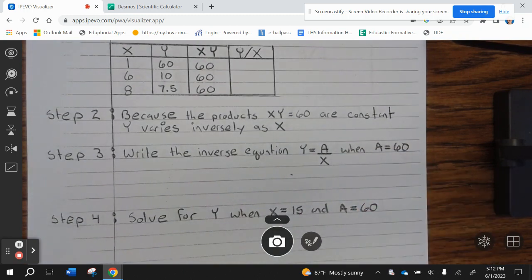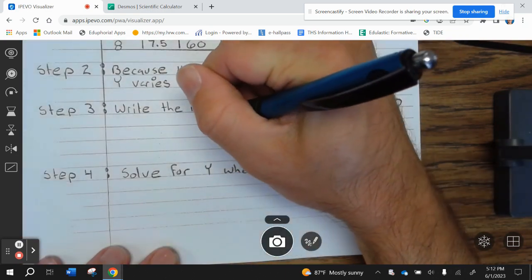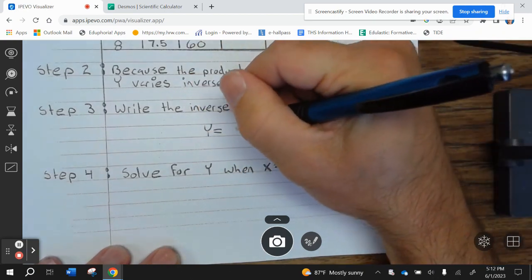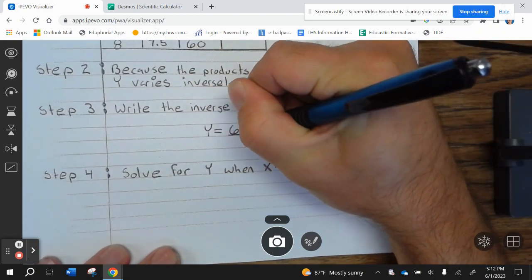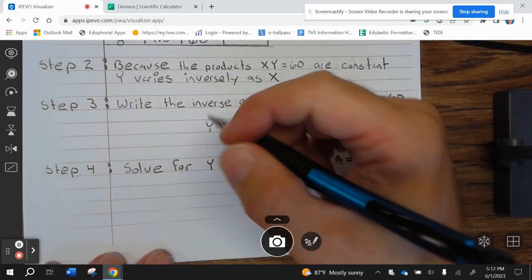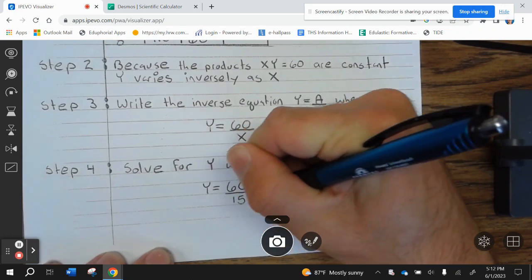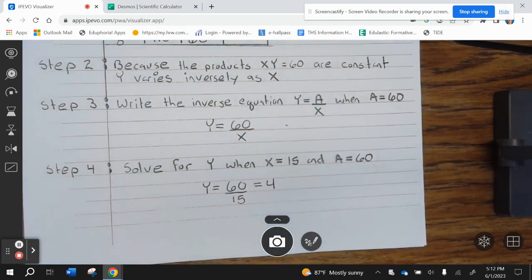Step 2, Step 3, write the inverse equation y equals a divided by x, where a equals 60. Okay, so we have y equals 60 divided by x. Now, in step 4, we know x is 15, so y equals 60 divided by 15, which is 4.